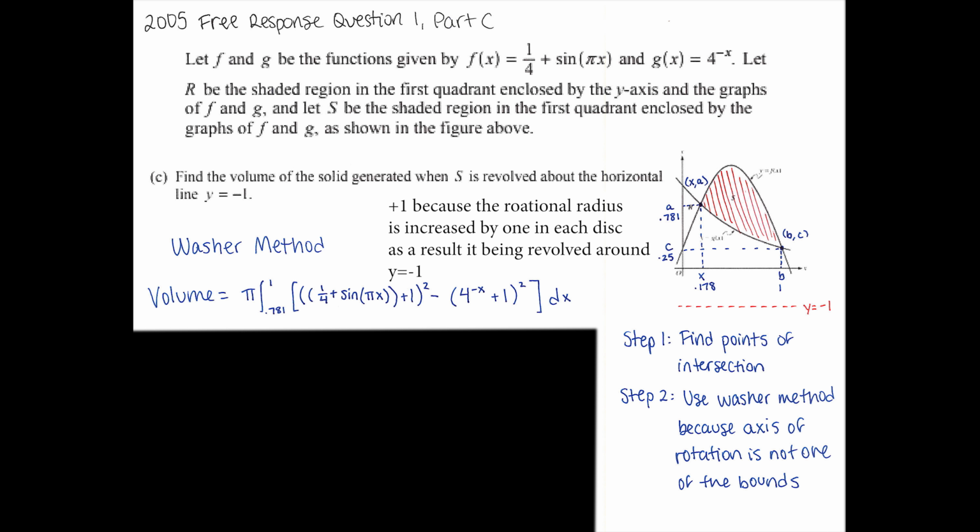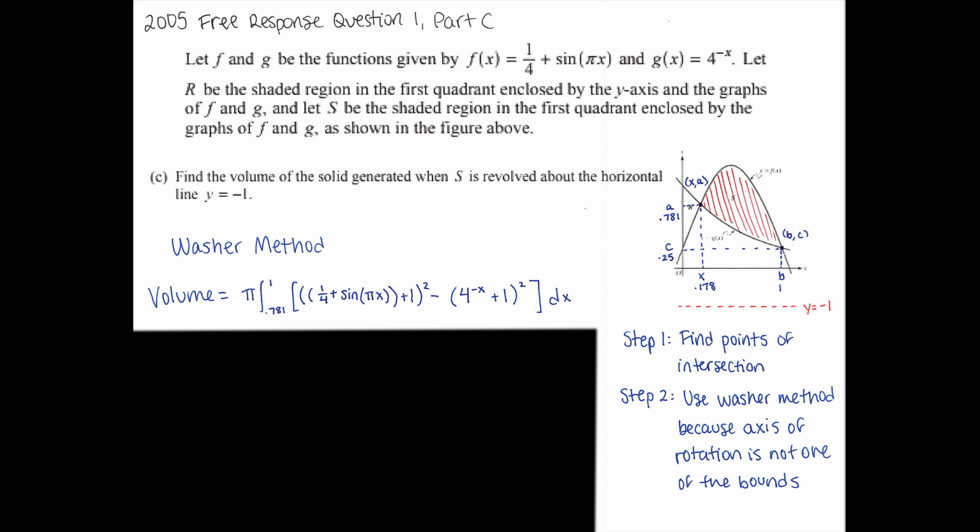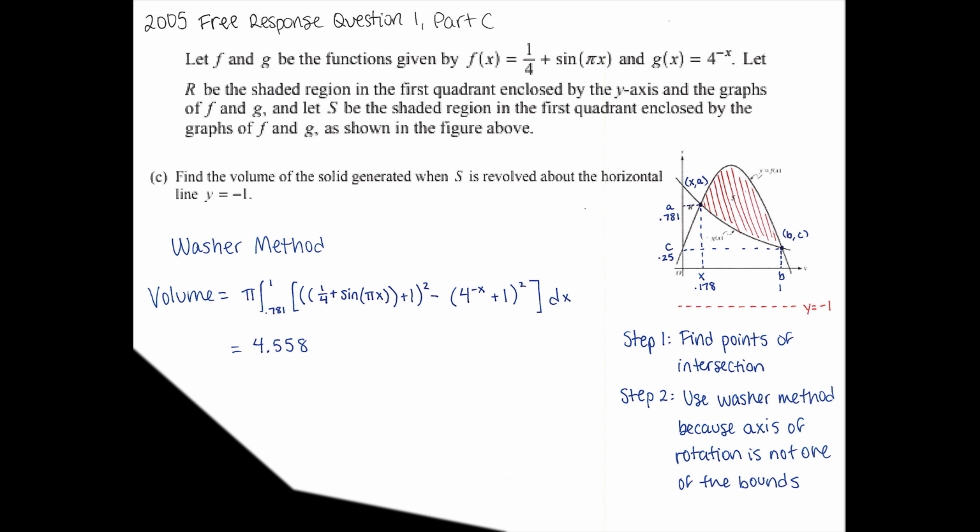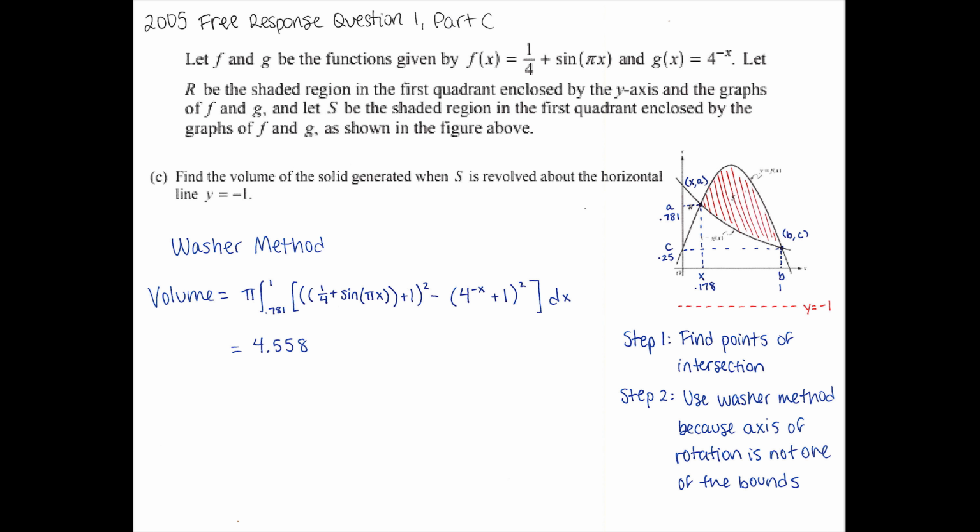We will take the first equation, square it, and subtract the second equation squared. Putting pi on the outside and then evaluating the integral, we found out that the volume of the shape revolved around y equals -1 is 4.558.